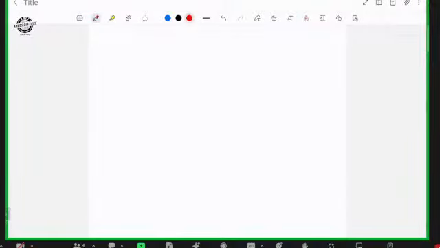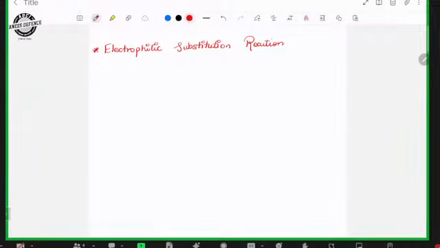You just have to keep 3-4 reagents in mind, and what would be the electrophile from that reagent. That's it. So let us put on the heading, that is electrophilic substitution reaction.